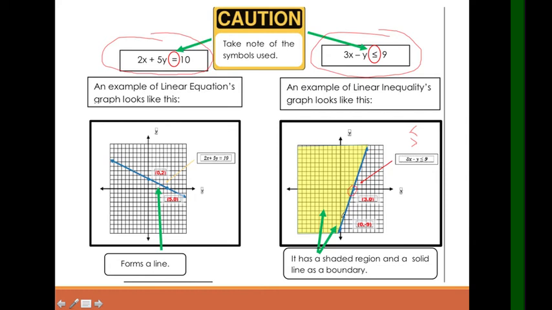Okay? Open yung mga dot. Kapag naman less than or equal, kapag ganito ang symbol niya, ang kanyang line ay solid, katulad siya nito. At ang kanyang mga points ay shaded, naka-shade sila. Okay, may kulay sa loob.